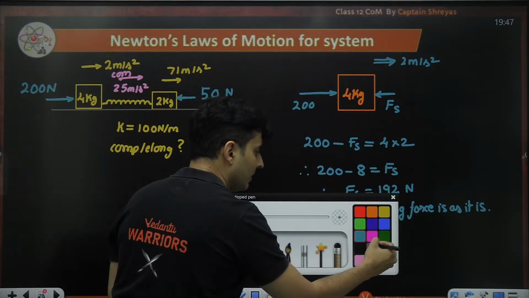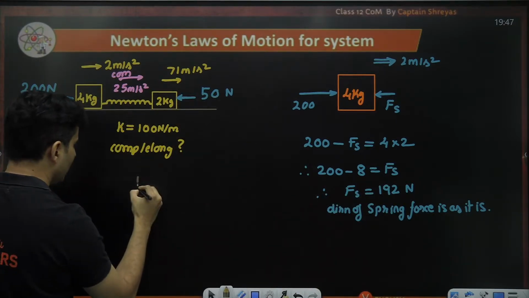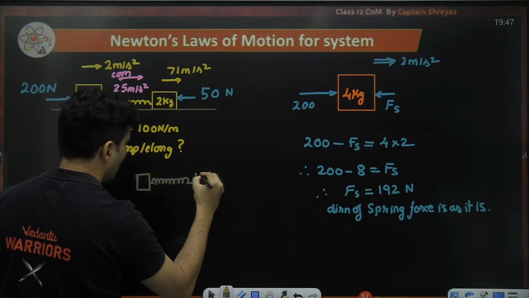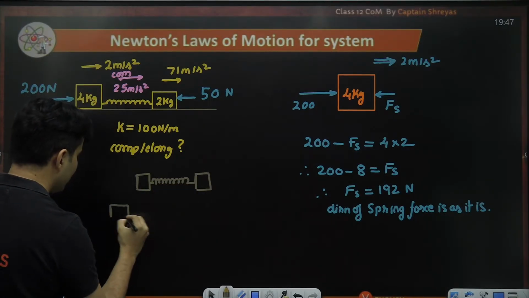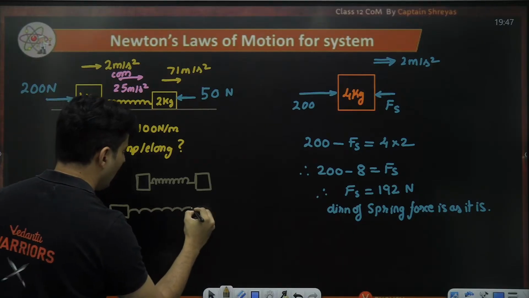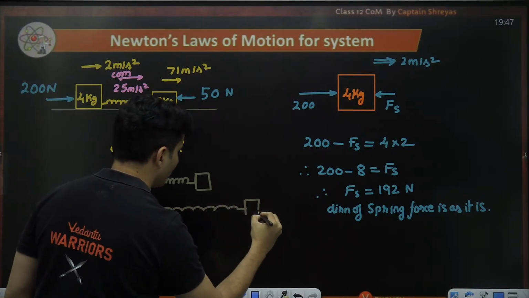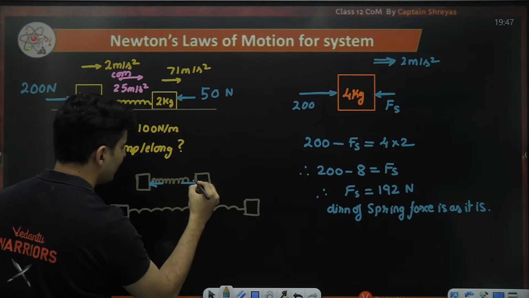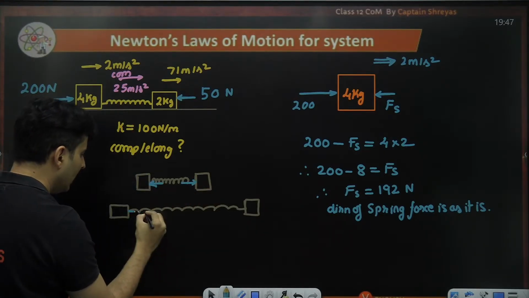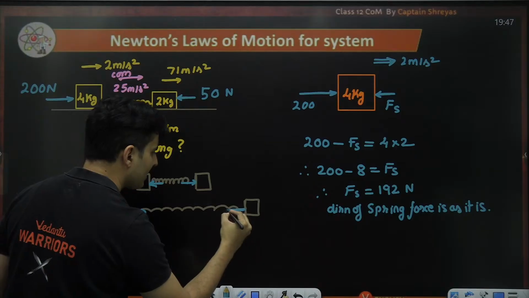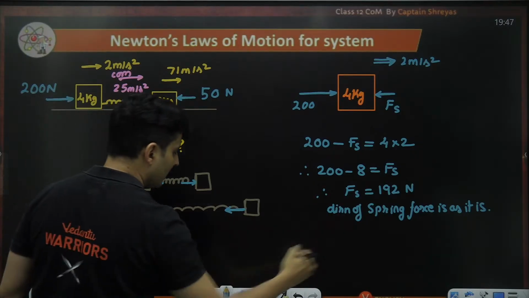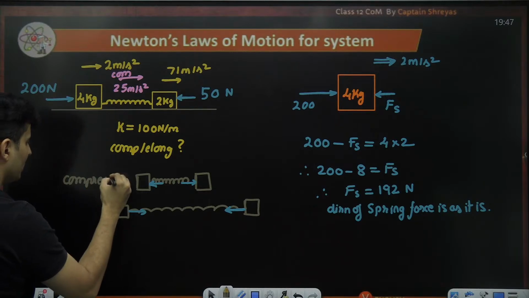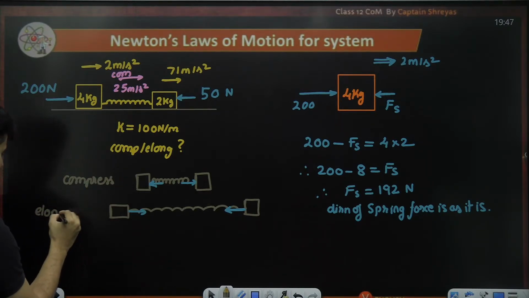Imagine the spring is compressed versus that same spring is elongated. How will the forces on the blocks be? When it is compressed, it will push the blocks like this. When it is elongated, it will pull the blocks inwards. So this is the case of compression, and this is the case of elongation.